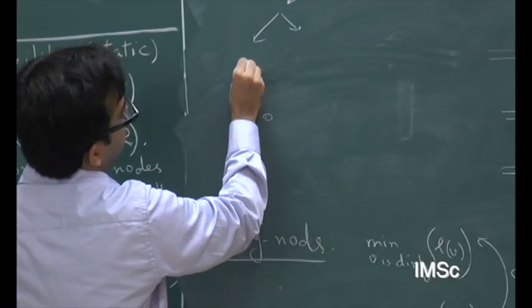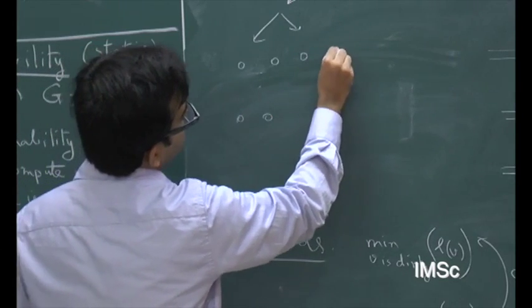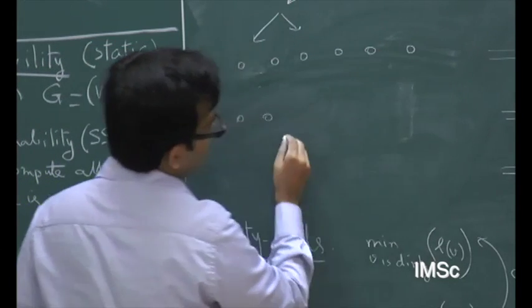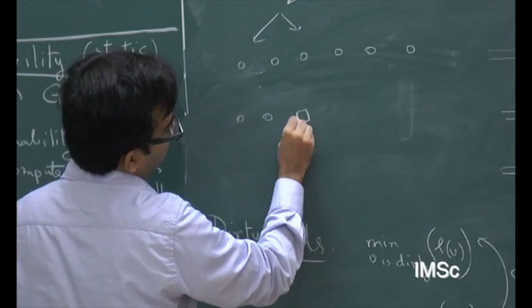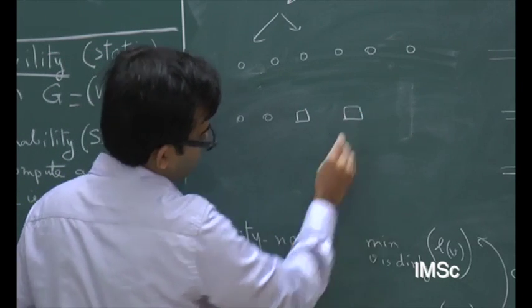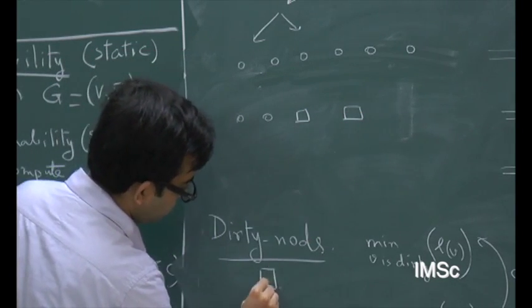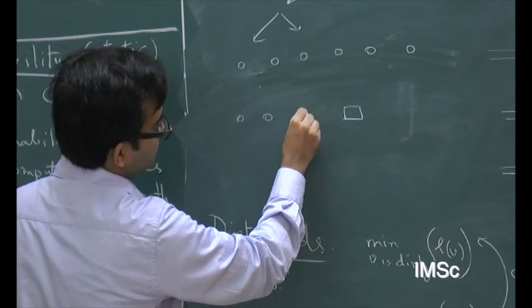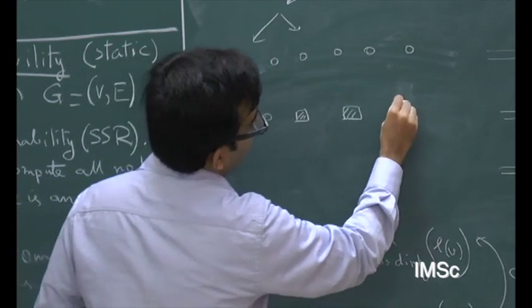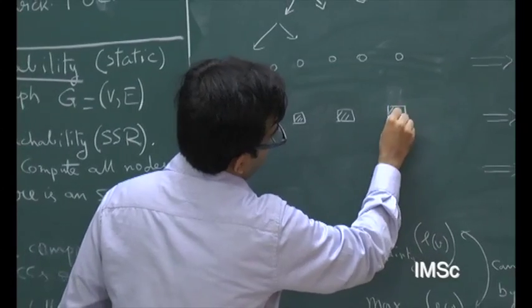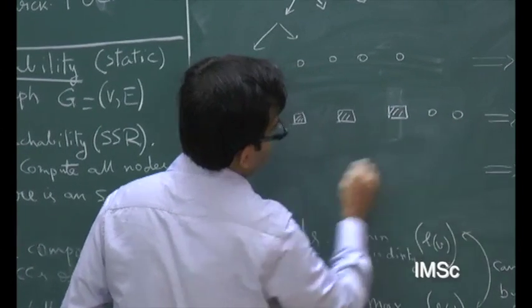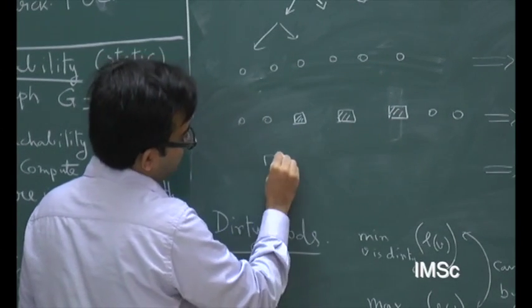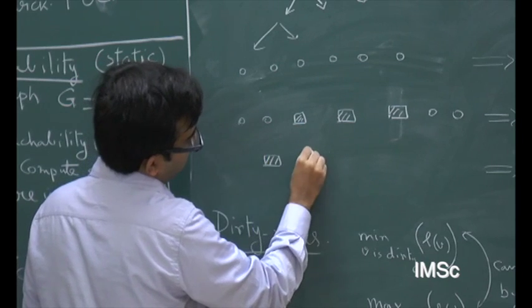So in layer I am just going to draw the clean nodes as circles, and the dirty nodes as boxes. In layer I plus 1, there are some dirty nodes and some clean nodes as well. And in layer I plus 2 again, there are some.